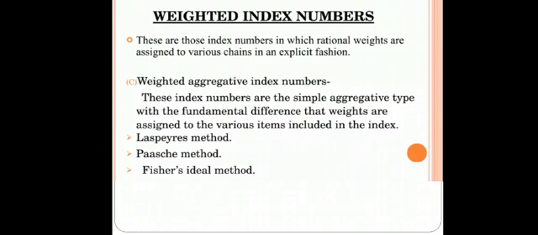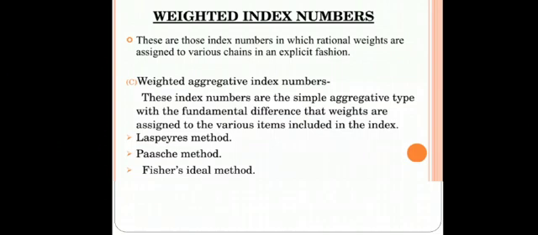Weighted index numbers are those in which relative weights are assigned to the various items in an explicit fashion. The weighted aggregate index is similar to the simple aggregative type, with the fundamental difference that weights are assigned to the various items included in the index.